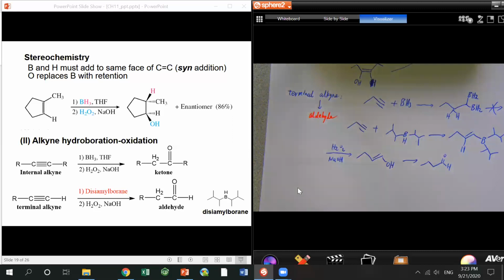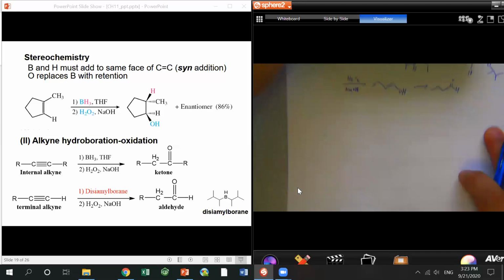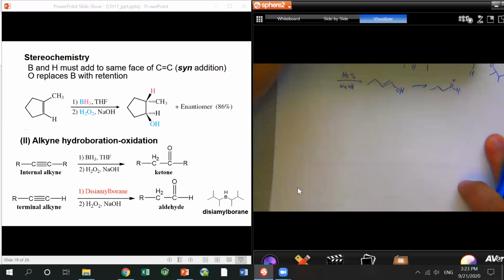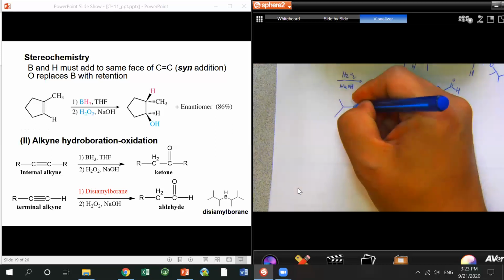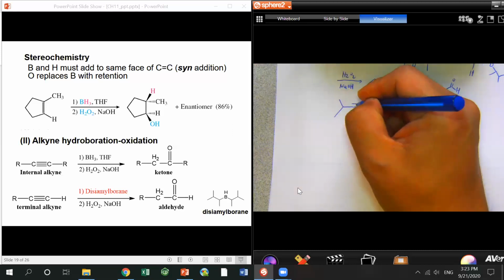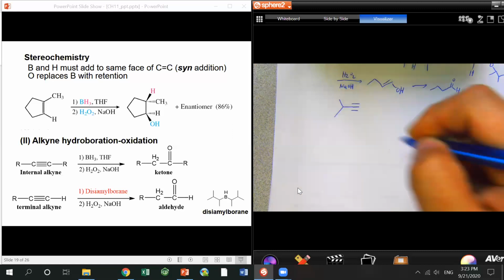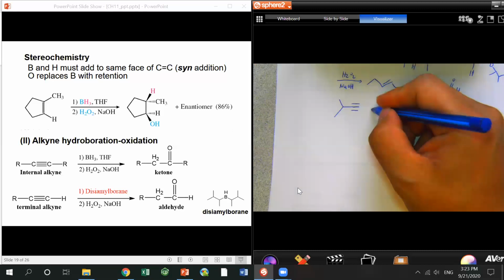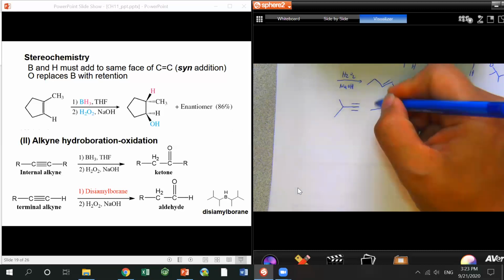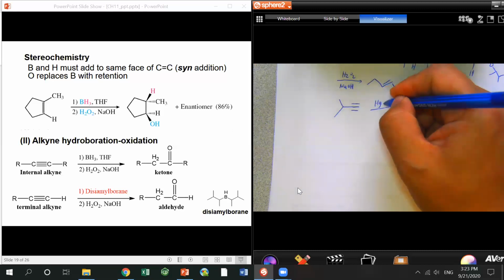All right, so to further compare these two, we do a little bit of practice. So we have this terminal alkyne, and then try to draw the product here for these two conditions.